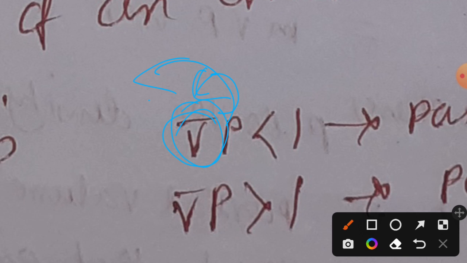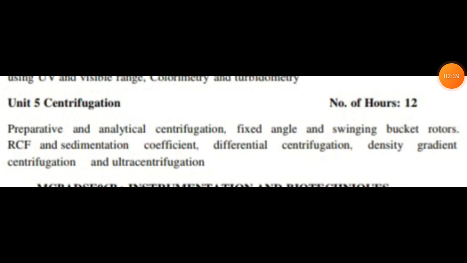That means it occupies a portion of the solvent, which in turn affects the buoyancy force. The buoyancy force helps in floating. So if v bar is high, your particle will float, and if v bar is low, your particle will sink. That is the idea. Now let's move to the next topic.